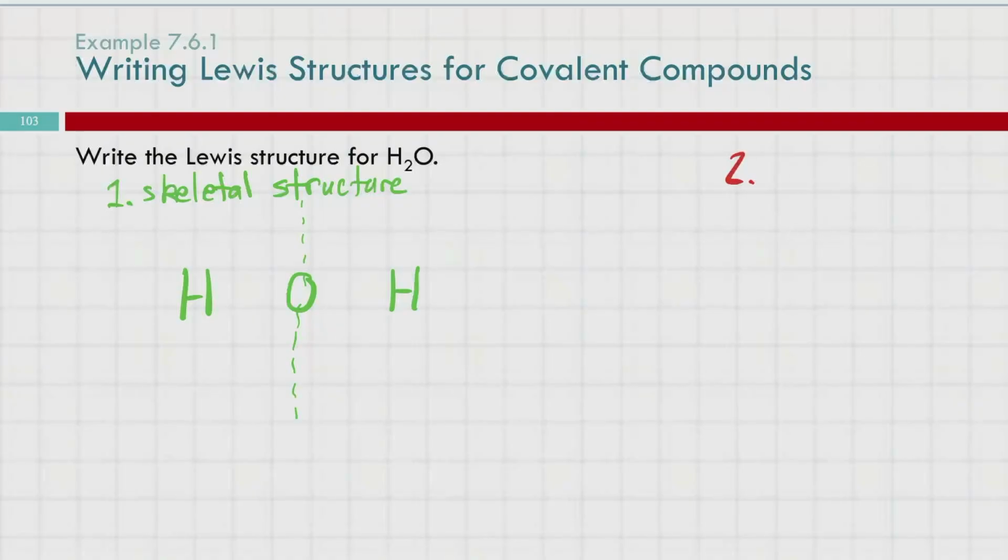Our second step, we need to know how many valence electrons we have to play with. We've got one oxygen. Oxygen has how many valence electrons? 6. We've got 2 hydrogens, which each have how many valence electrons? 1.